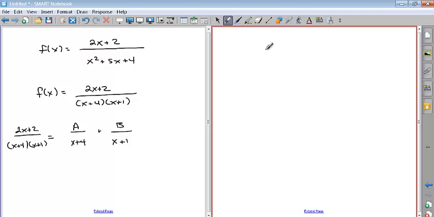Okay, so then you cross multiply. If you take a times x plus 1, you get that. And then you take b times x plus 4.